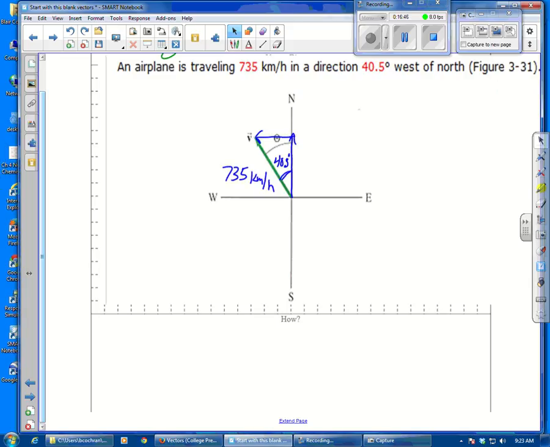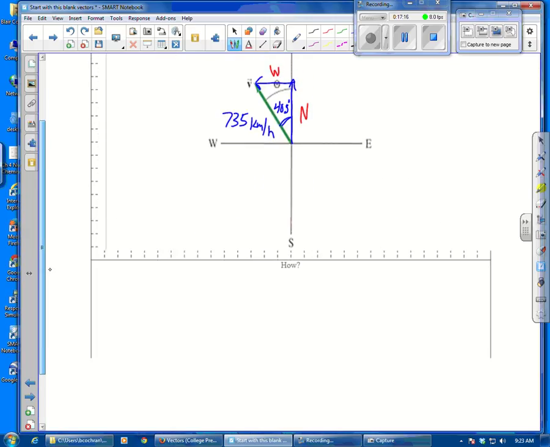All right. So now I want to find the legs, the two components. Let's name this component N, and we'll name this one W. N and W. I look at it, and it's a right triangle, so I have ratios, SOHCAHTOA.